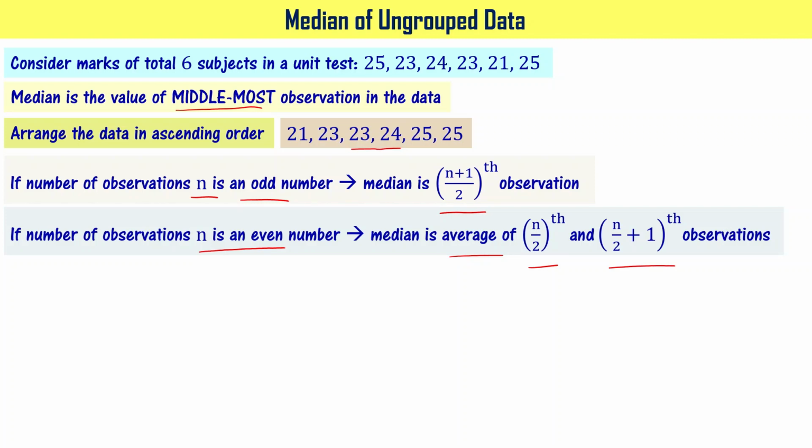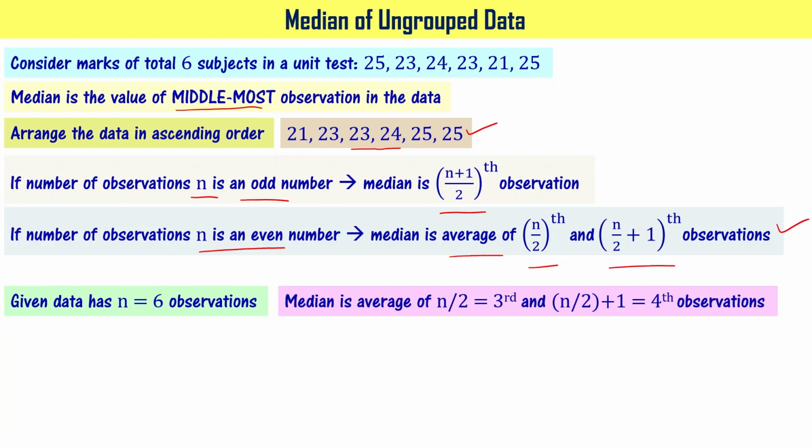In this particular case, we have total 6 observations, right? It means we have to go with the second definition where n is even number. We have to find n by 2th observation and n by 2 plus 1th observation. Here n by 2 is going to be 3 and n by 2 plus 1 is 4.